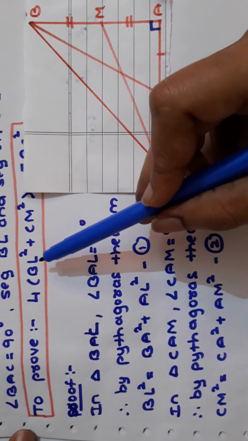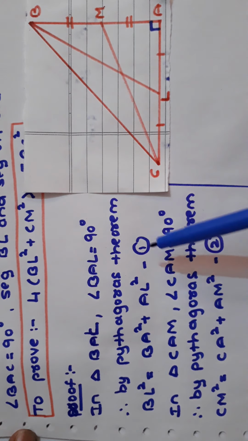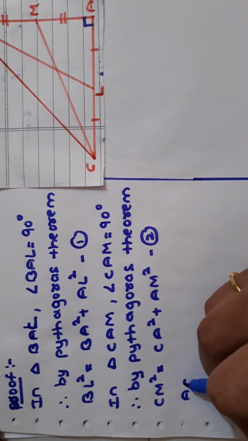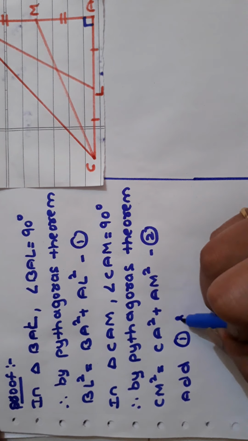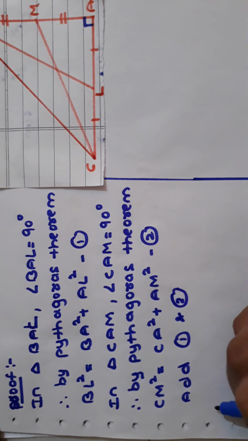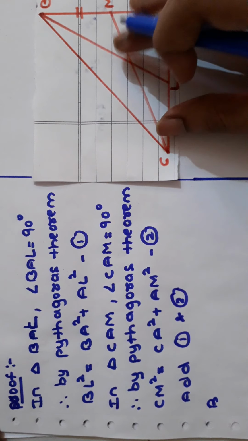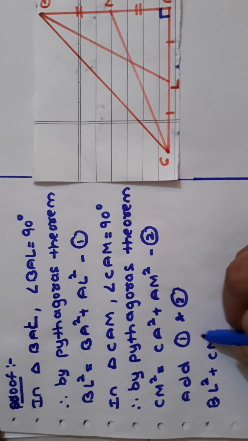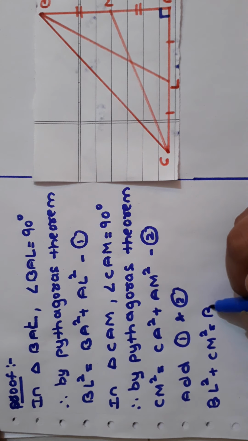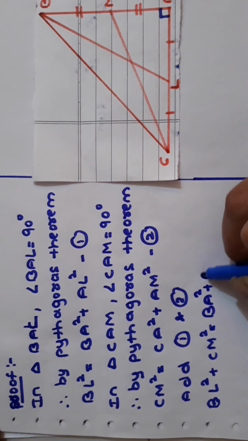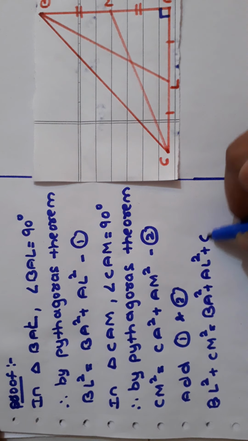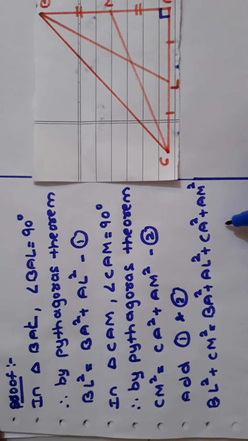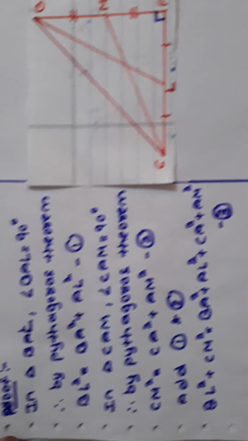and we need BL square plus CM square. So add expression 1 and 2. Put it as equation 3.